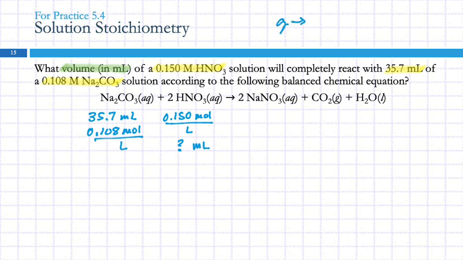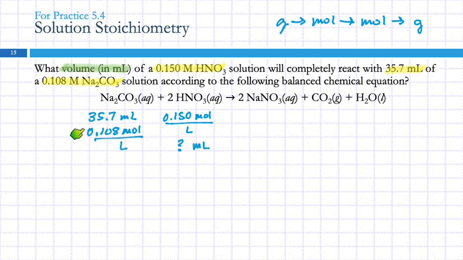Stoichiometry. Start with grams to moles to moles to grams. I have two pieces of information about this substance, and I have one piece of information and a question about that substance. So this is the one we're starting with, and that's the one we're finding out about.